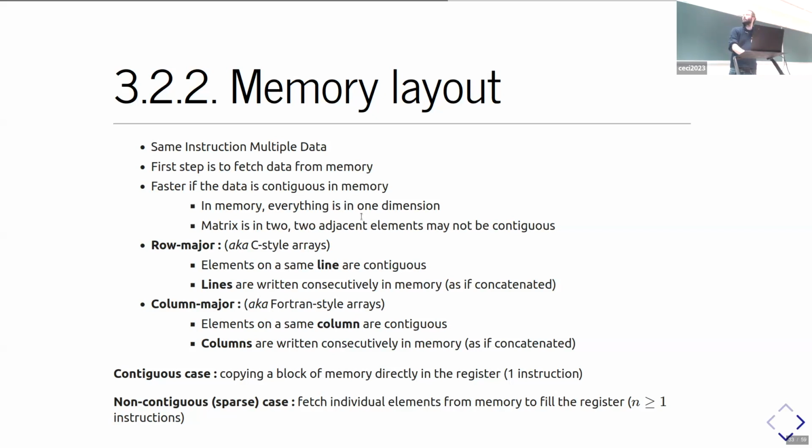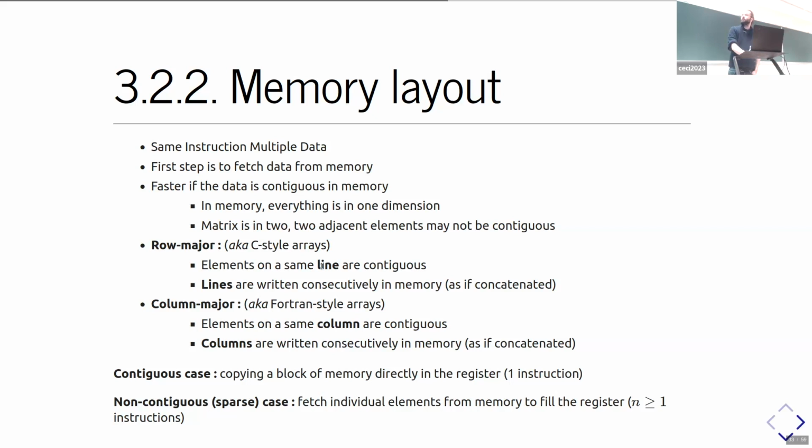If they are not, then I need to move further in the memory. This has an impact because when I want to fill the registers of my CPU, if I start at some address in memory and I just say, okay, load the next 64 bits, it's easy, it's one instruction. If I need to say, okay, load 32 bits, and then I need to load some other 32 bits further away, it's two instructions and takes a longer time. Perhaps I don't want to do that. If I can avoid that, perhaps it's better.